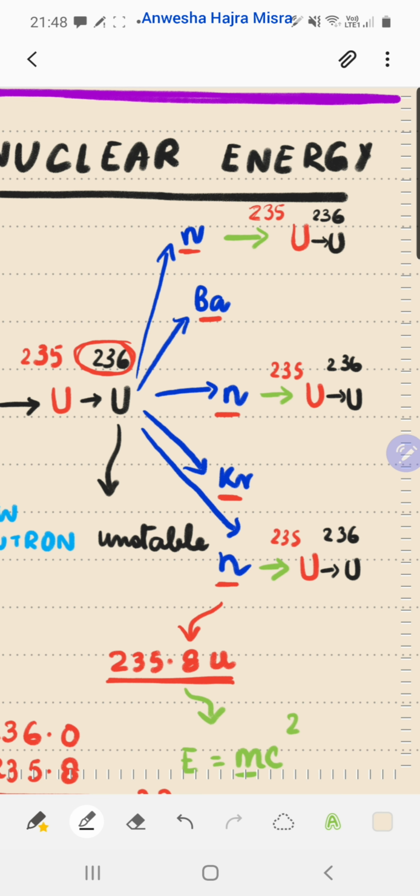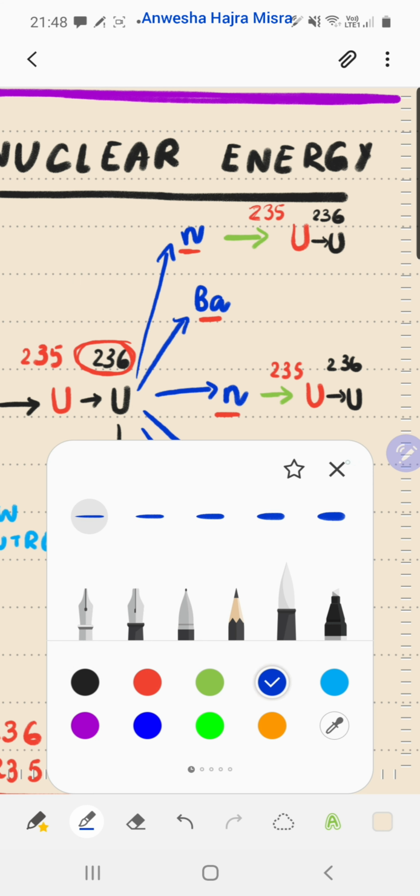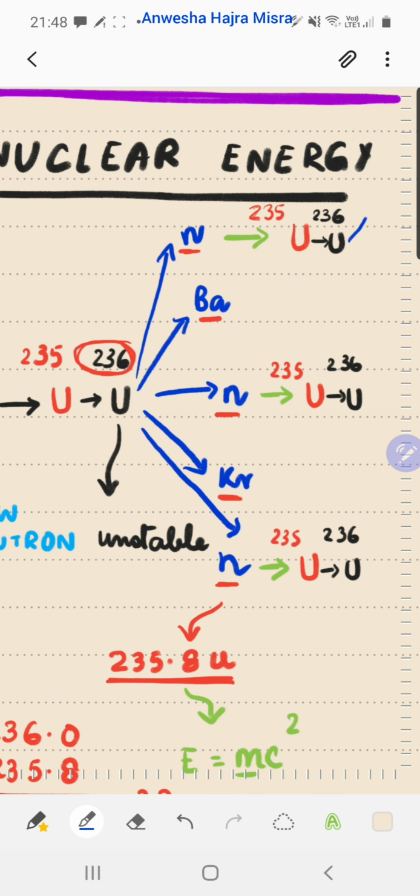From there, along with barium and krypton, we have 3 more neutrons coming out from each uranium. So here again you have 3 neutrons coming out.